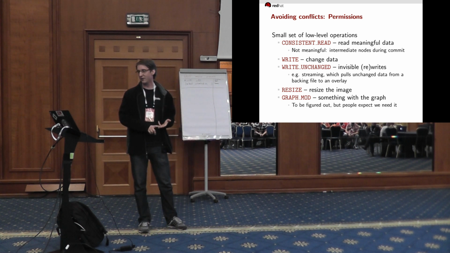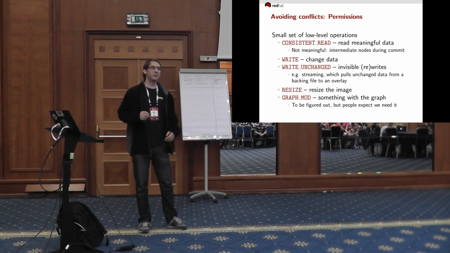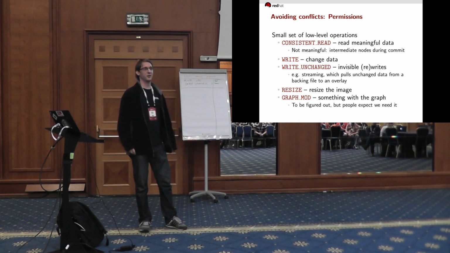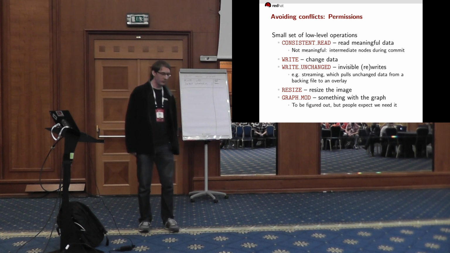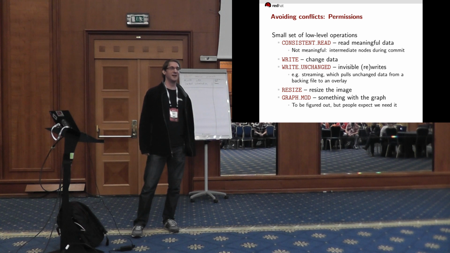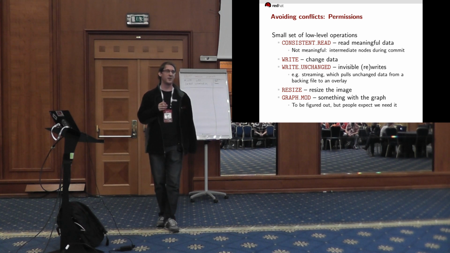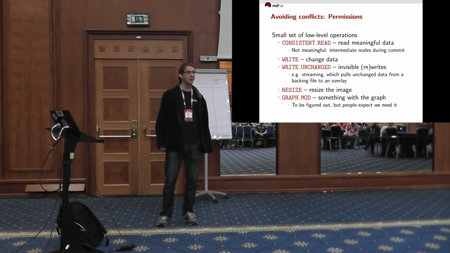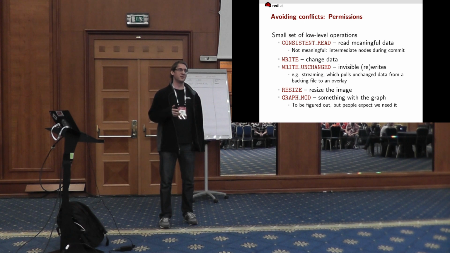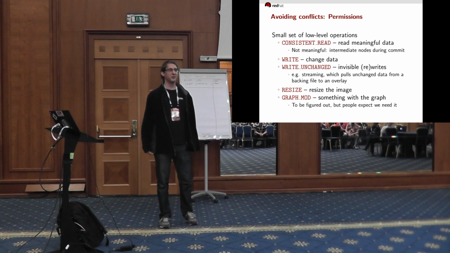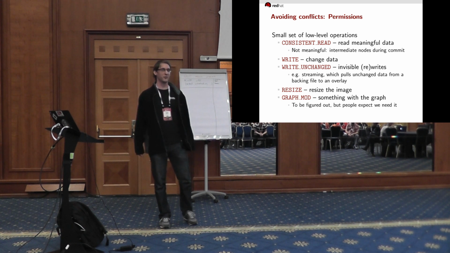We have a consistent read, which is, well, you can read from a node without having the consistent read permission. But consistent read means that the contents of the image actually make sense. So that's exactly the case with the commit job that I mentioned earlier. So the intermediate nodes of a commit job don't allow anyone to do consistent reads from it.